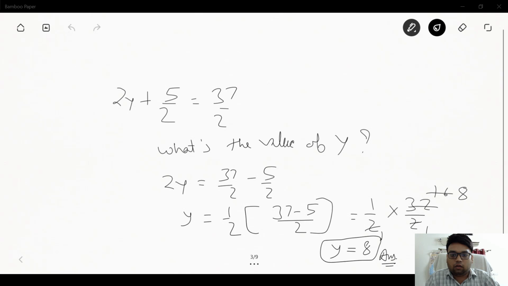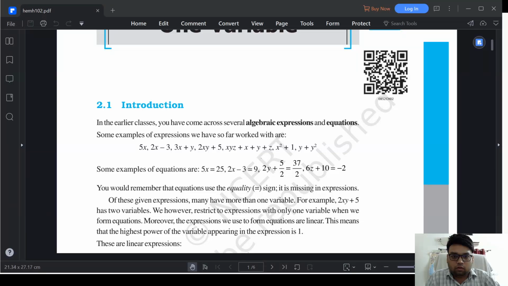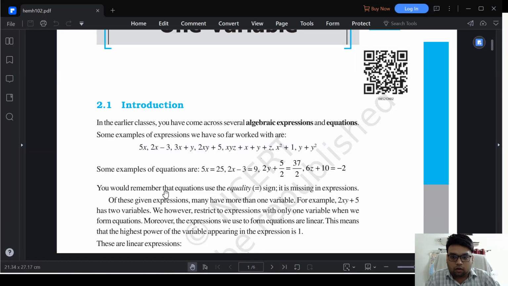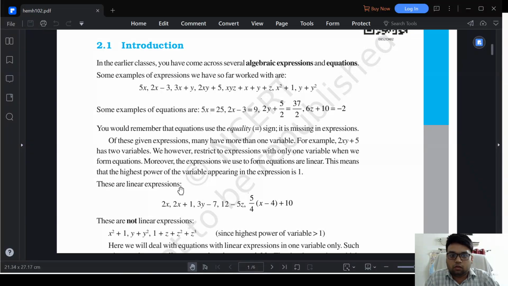Now we move forward to the next topic. In the introduction, they wrote the common terms of algebraic expression and equation.